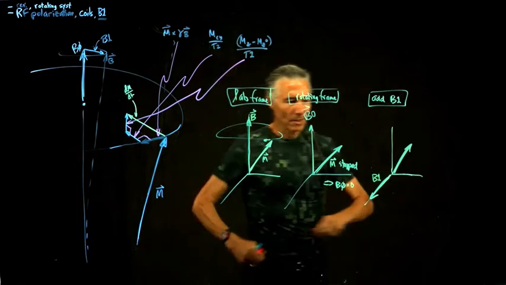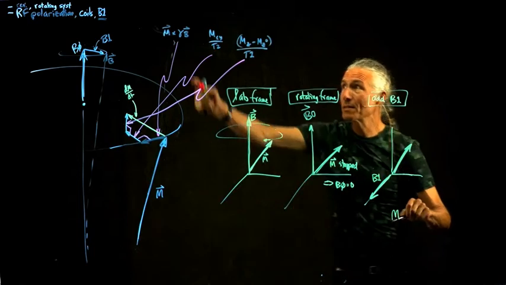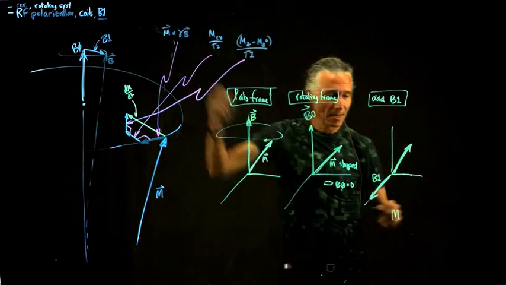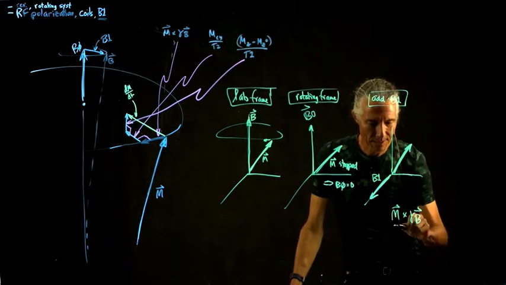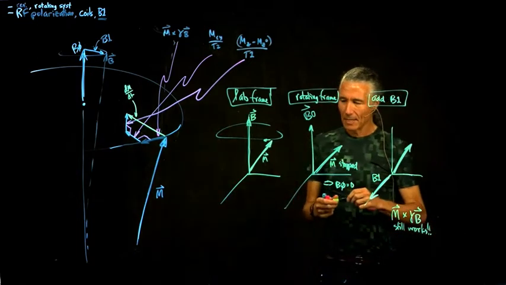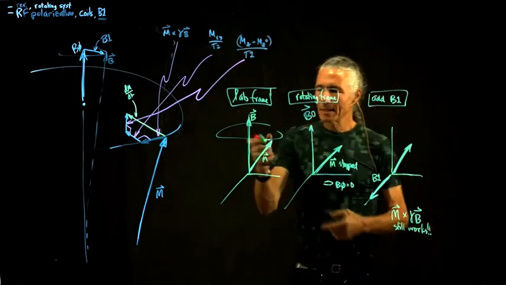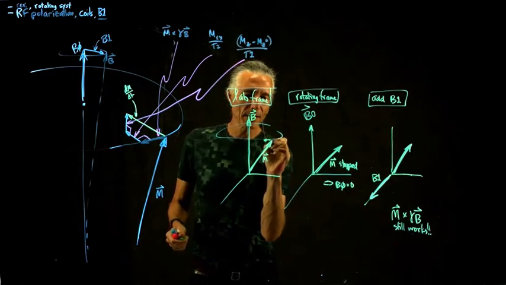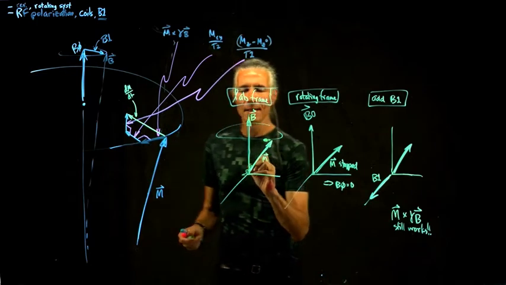And it turns out that this original part of the Bloch equation, the M cross B, still works. So how does it work? Remember, this vector right here is perpendicular to this one, and also perpendicular to that one.